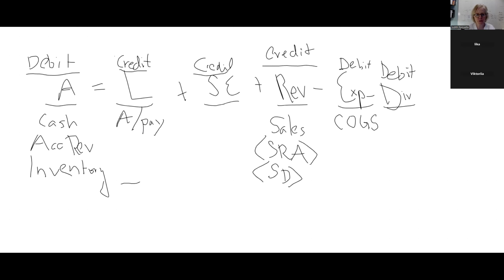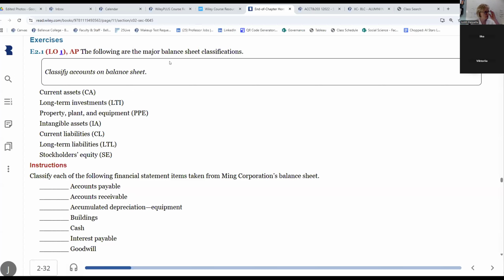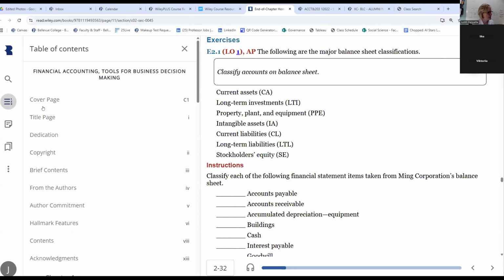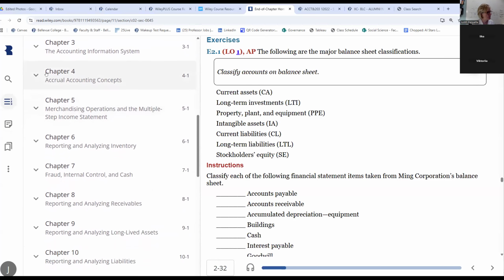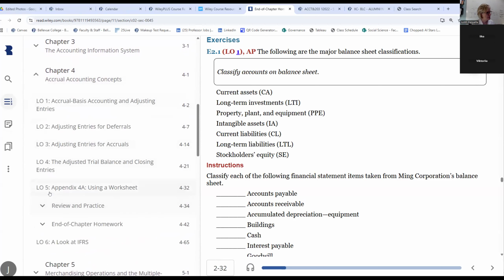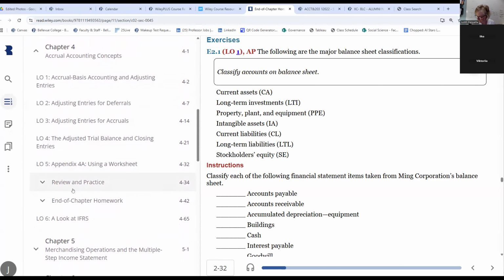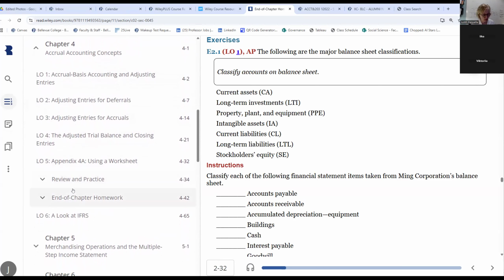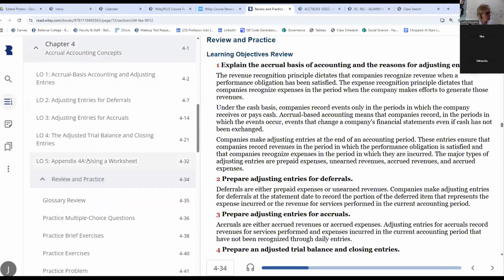Right now, can you see your textbook? I'm in the textbook, and I'm clicking on chapters and I want to go to the end of the chapter, to review and practice.